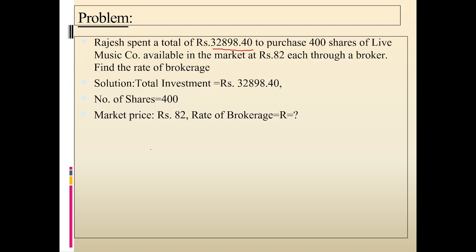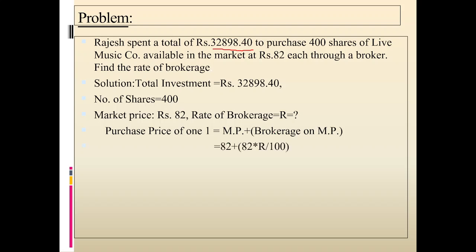So first we find the purchase price of one share, which is nothing but market price plus brokerage. Here the market price is given as 82, and brokerage we called R, so 82 into R divided by 100. Also, purchase price of one share is total investment, 32,898.40, divided by number of shares.